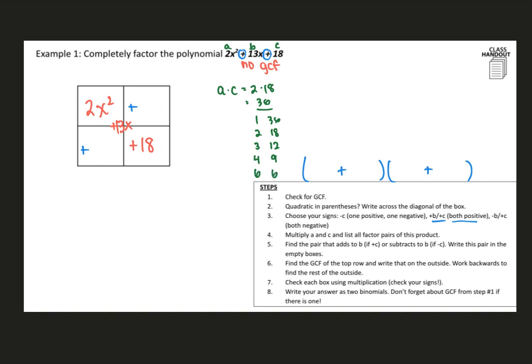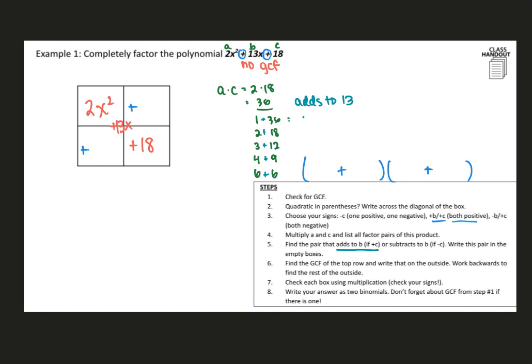Okay, we know that they're both going to be positive. So next thing I need to do is find the pair that adds to B since we have a positive C. So now I'm going to add these together. And I need to find the pair that adds to B, which is 13.